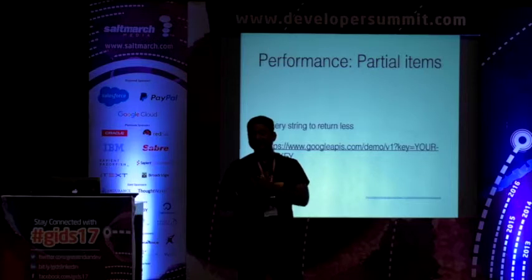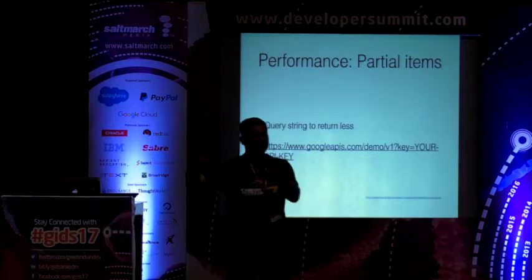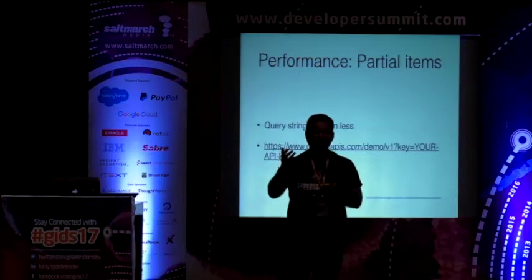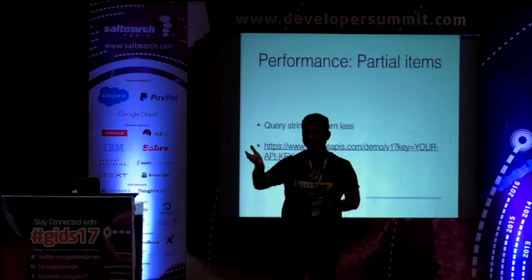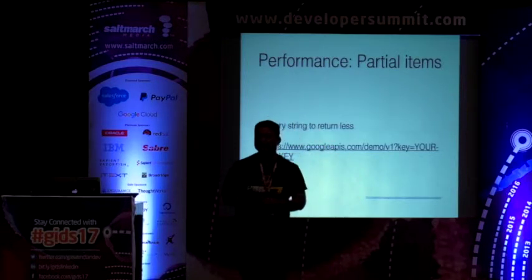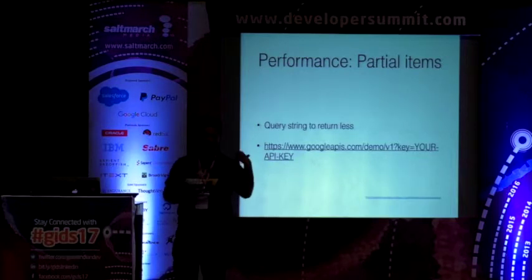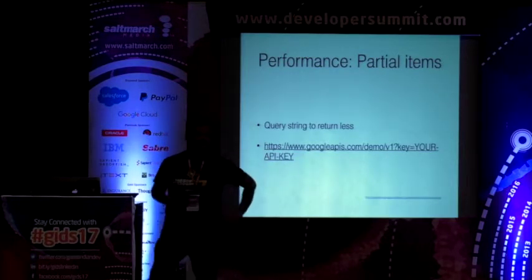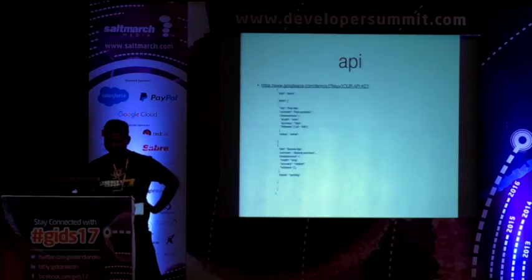That way your API will perform better, because you're not spending time going to the database and getting all the values. This is going to give you the biggest bang for the buck. We started using it and it's really helpful, because if the customer doesn't want it, we don't return the values. That's the whole idea behind it.